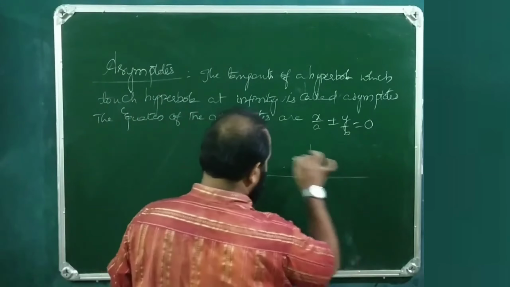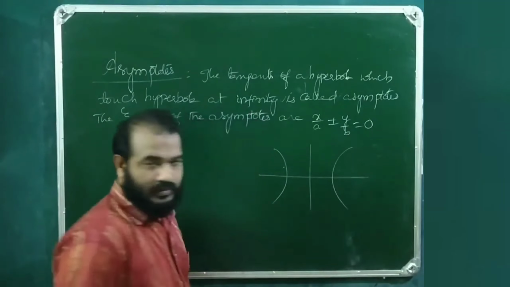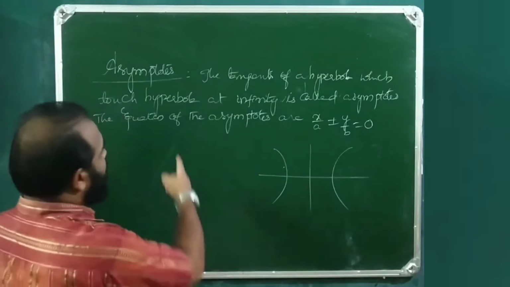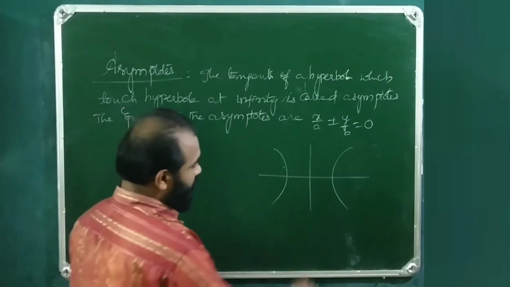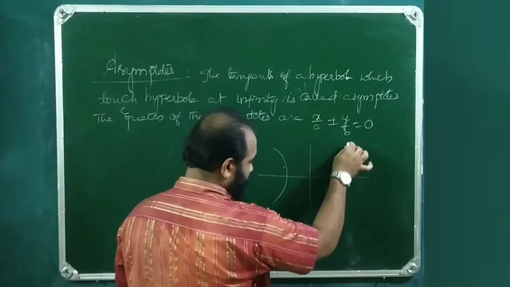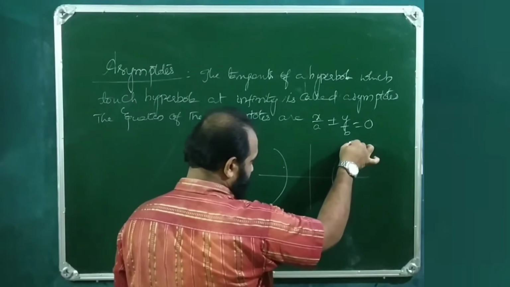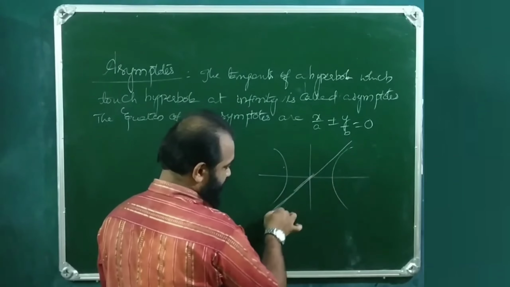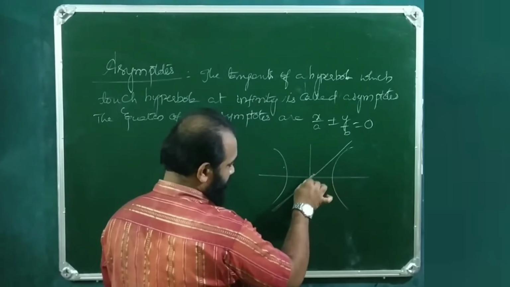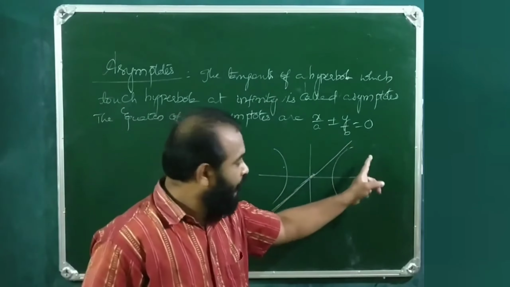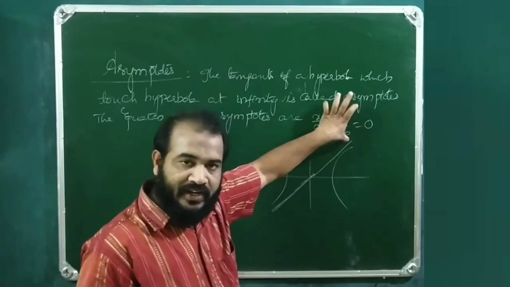This is the hyperbola, and the asymptotes are the tangents of a hyperbola which touch the hyperbola at infinity. So this is the tangent, the line which touches the hyperbola at infinity.